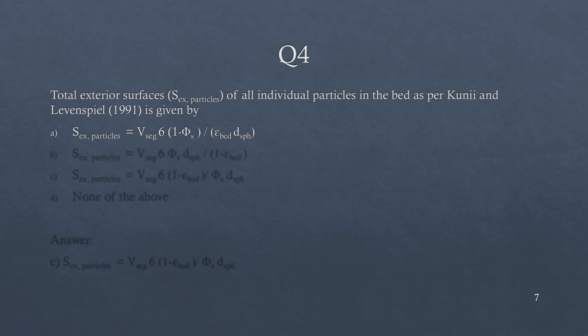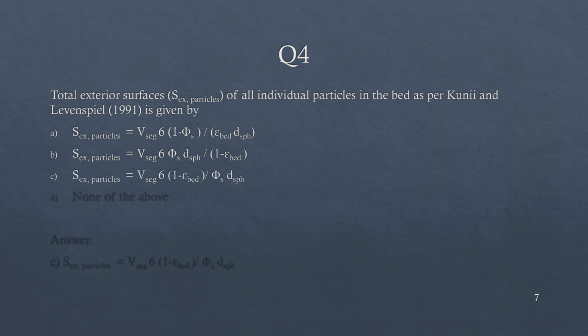So total exterior surface of all individual particles in the bed as per Kunii and Levenspiel, we need to know. Option B, it is V_seg into 6 into phi_s into d_sphere by 1 minus epsilon_bed. Or option C, it is V_seg into 6 into 1 minus epsilon_bed divided by phi_s into d_sphere. Or option D, it is none of the above.